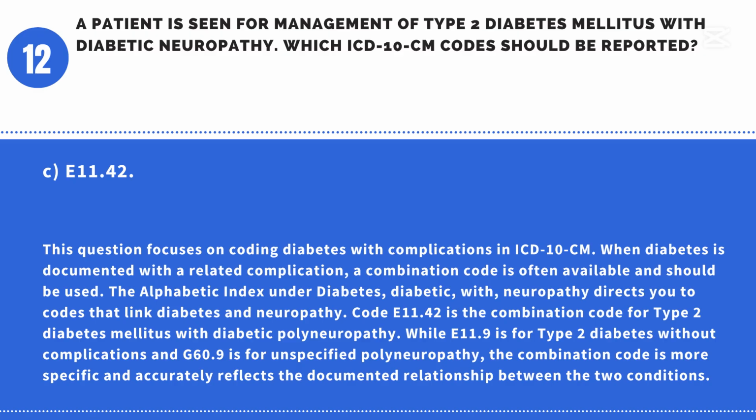Code E11.42 is the combination code for type 2 diabetes mellitus with diabetic polyneuropathy. While E11.9 is for type 2 diabetes without complications and G60.9 is for unspecified polyneuropathy, the combination code is more specific and accurately reflects the documented relationship between the two conditions.